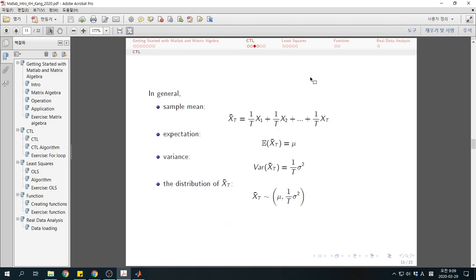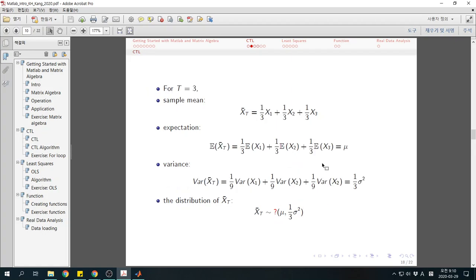However, according to the central limit theorem, the distribution of x bar is normal. The sample mean is 1 over capital T times the sum of the random variables. The expectation is still mu, as always, and the variance is 1 over capital T times sigma square.